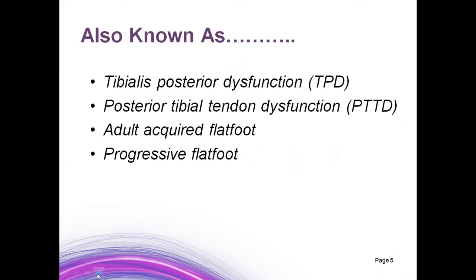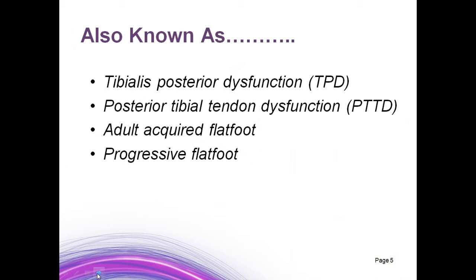The condition tibialis posterior tendon dysfunction is also known as several other terms. It's known as tibialis posterior dysfunction. However, locally in Australia we prefer to call it tibialis posterior tendon dysfunction, as it's a bit more specific in identifying that there's a tendon involved.